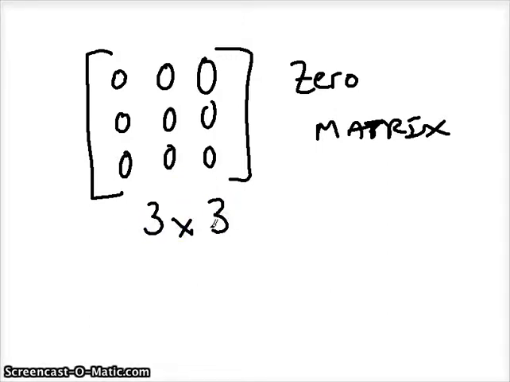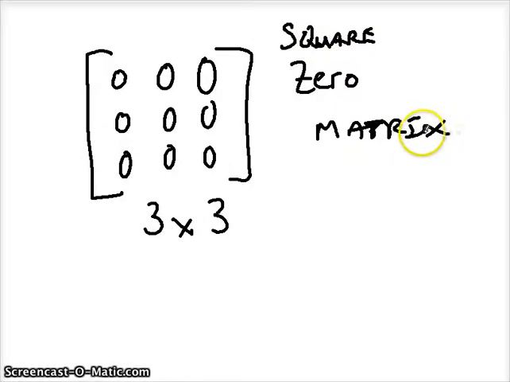So actually this is a square zero matrix. It has the same number of rows as columns, only zeros as entries. It's possible to be defined as multiple special characteristics or properties there. So square zero matrix, if we want to be super specific about it. Anyways, those are just some characteristics of matrices.